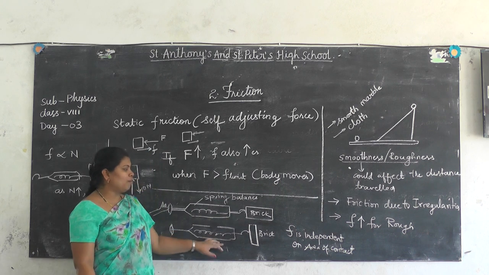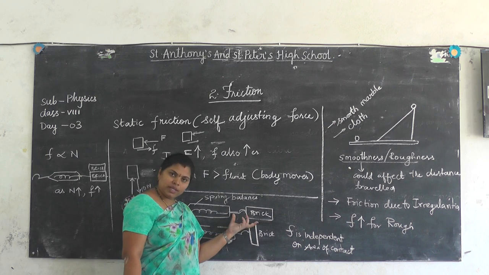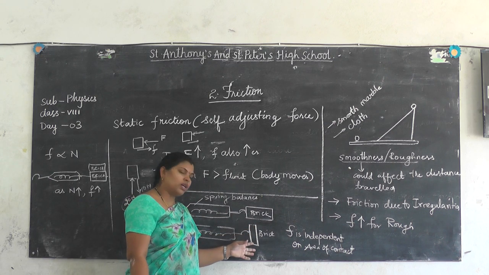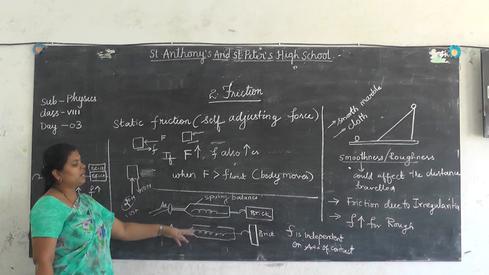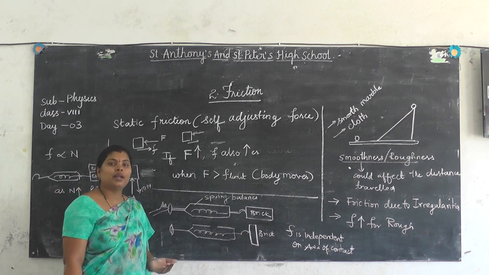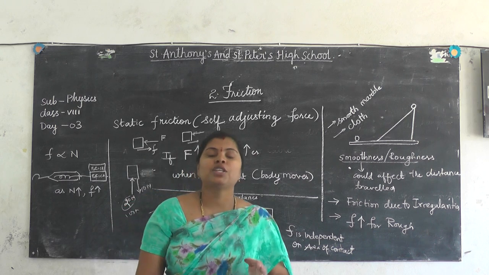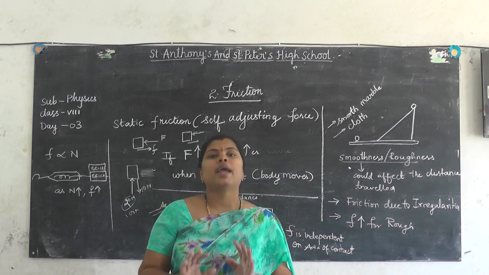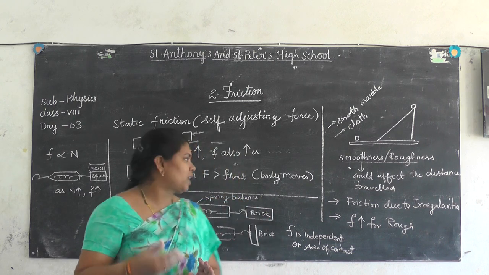So what you observe is, when you place a brick in the horizontal direction or in the vertical position, you get the same reading here. It means that your frictional force is independent of area of contact. Did you understand, children? Let me say again.